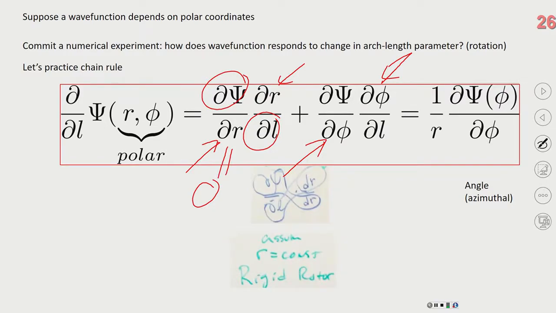Yes. So here is conversion from arc length distance to angular variable. This is the simplest example of differential conversion from rectangular to curvilinear coordinates.